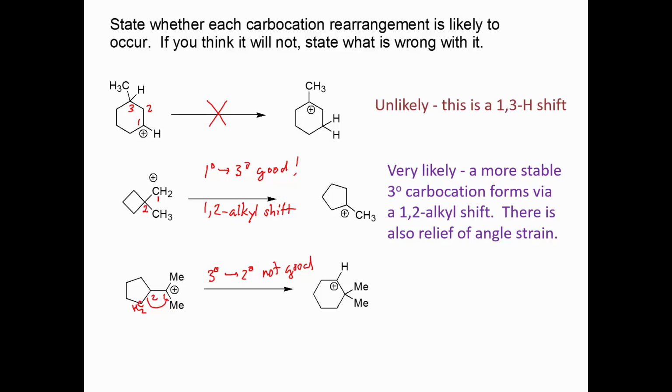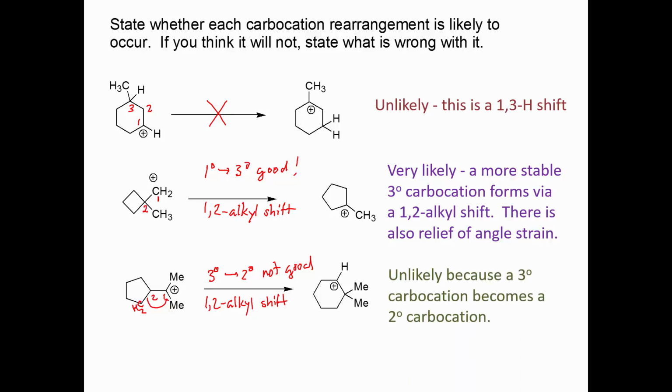All right, but it is a 1,2 alkyl shift. So we're going to predict that this one is not going to go because a tertiary carbocation became a secondary carbocation. Even though it does qualify as a 1,2 alkyl shift, it's not a favorable 1,2 alkyl shift.